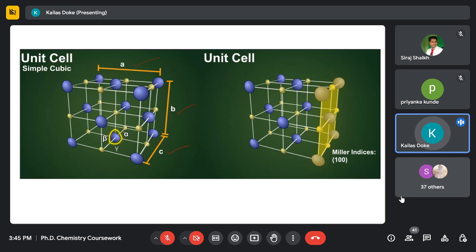But in powder diffraction, we identify whether the substance is crystalline or amorphous. This is one of the diffraction patterns. Don't say spectra, it is a diffraction pattern. On the y-axis it is intensity, and on the x-axis it is 2 theta.